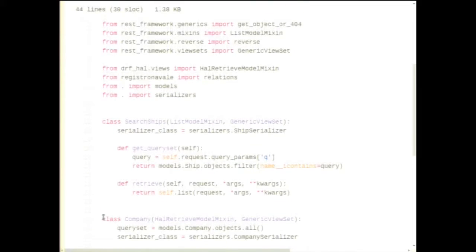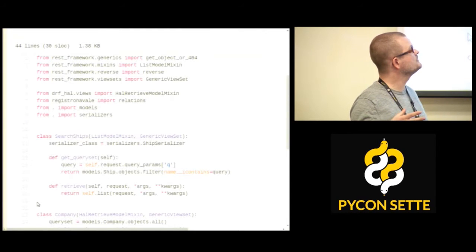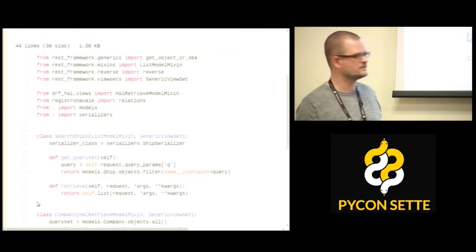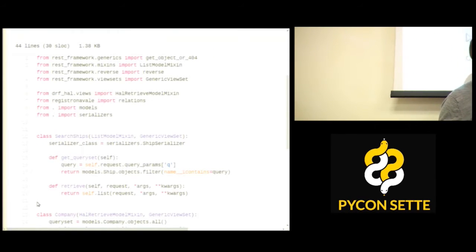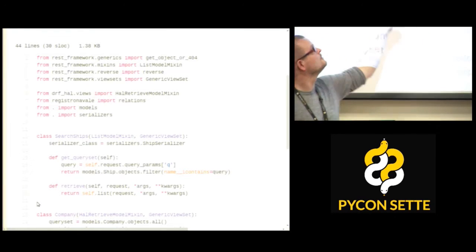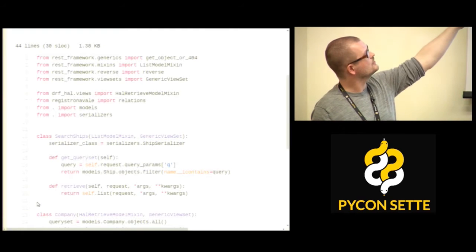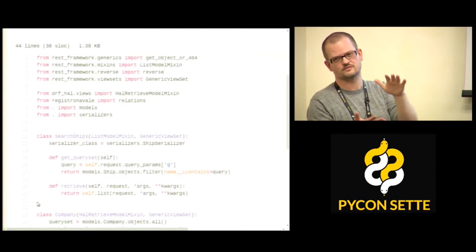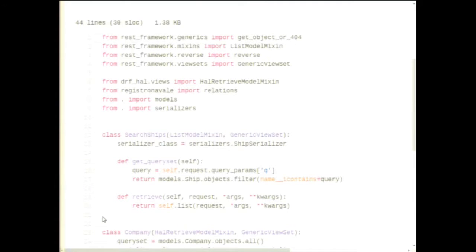Now maybe the search ships view is interesting, because this is a view that's not tied to a specific model. So what you see here is that this uses a mixin that knows about models, but the search ship knows about models because it knows how to take ships, of course. But it uses a query parameter, Q, and it uses that to look at the names of the ships, to filter those, and then it will use the standard list method from django-rest-framework.